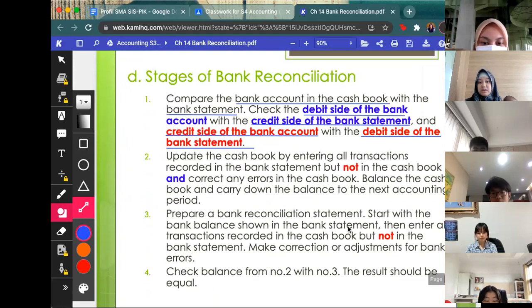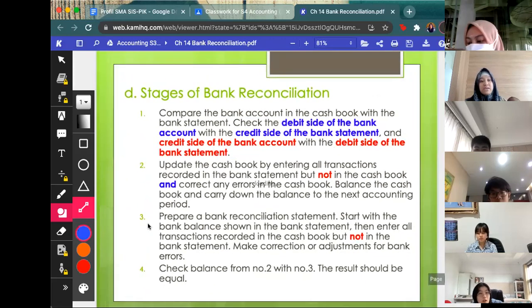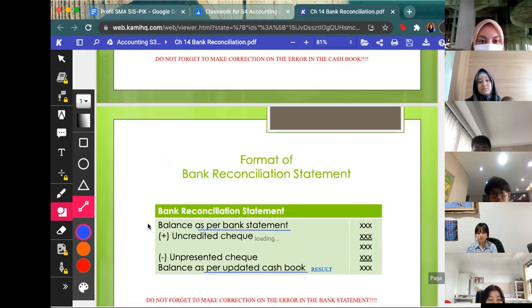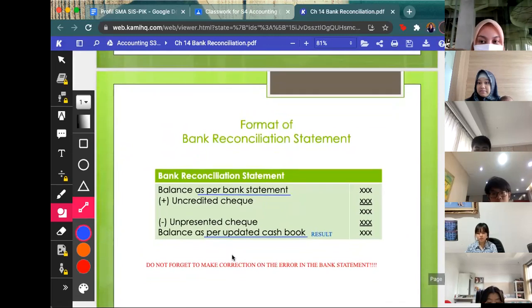Start with the balance shown in the bank statement, then enter all transactions recorded in the cash book but not in the bank statement. That means you have to record the unpresented check as well as the uncredited check. If there are any errors in the bank statement, then make corrections as well. So practically number 3 is preparing this one. Clear enough?